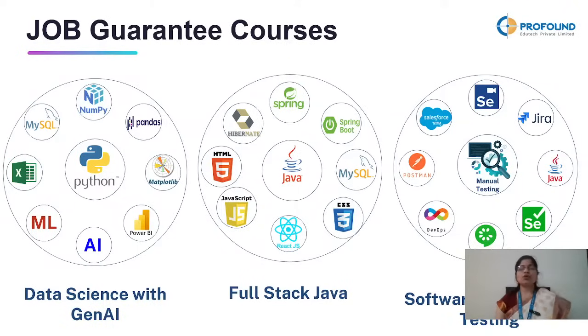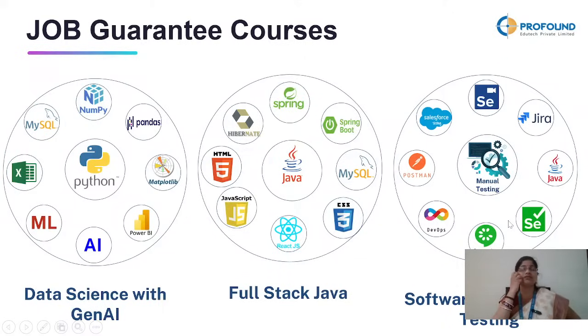We provide knowledge of HTML, JavaScript, React, CSS. These are front end related things, and the Spring Boot framework is also there. So core Java, advanced Java, and frameworks are also covered in full stack. In software automation testing, we cover manual testing and automation testing.